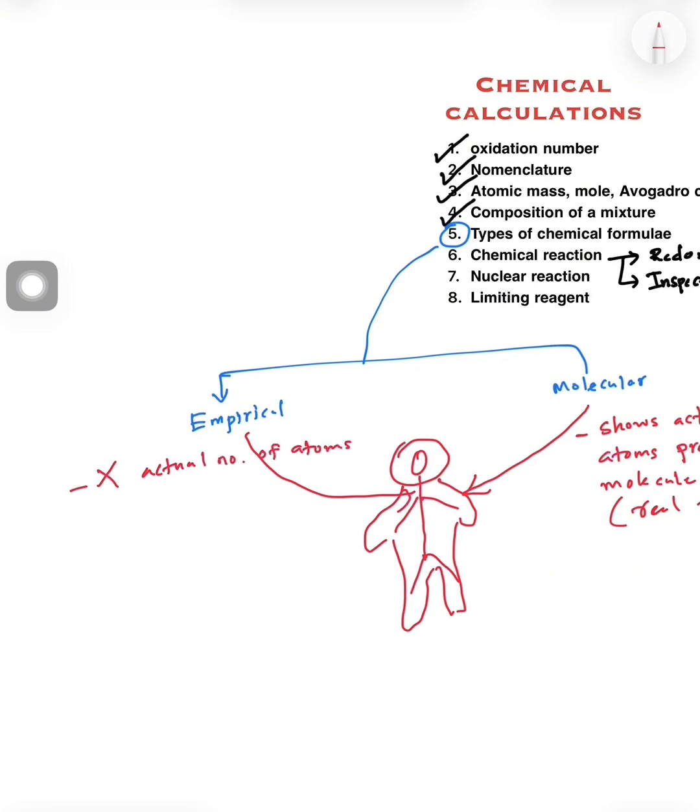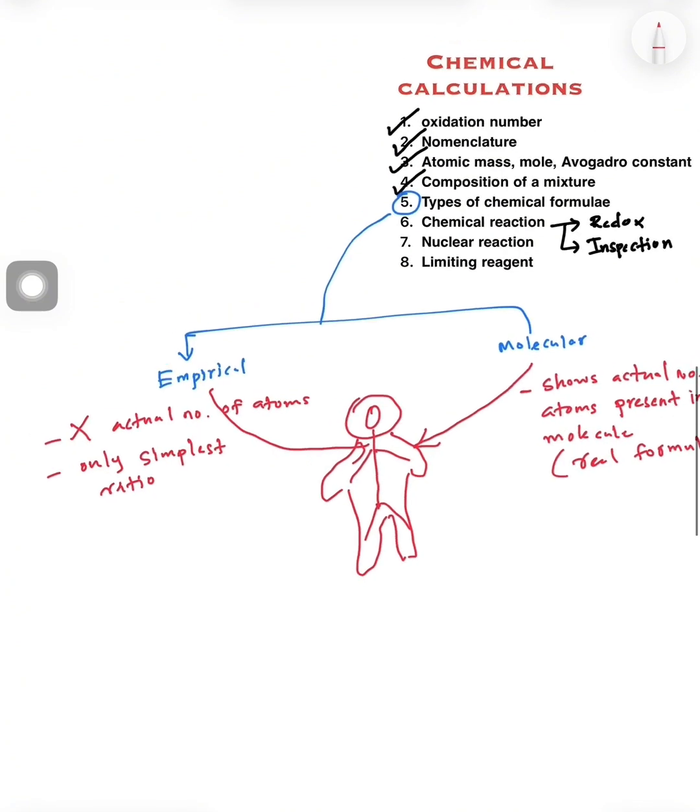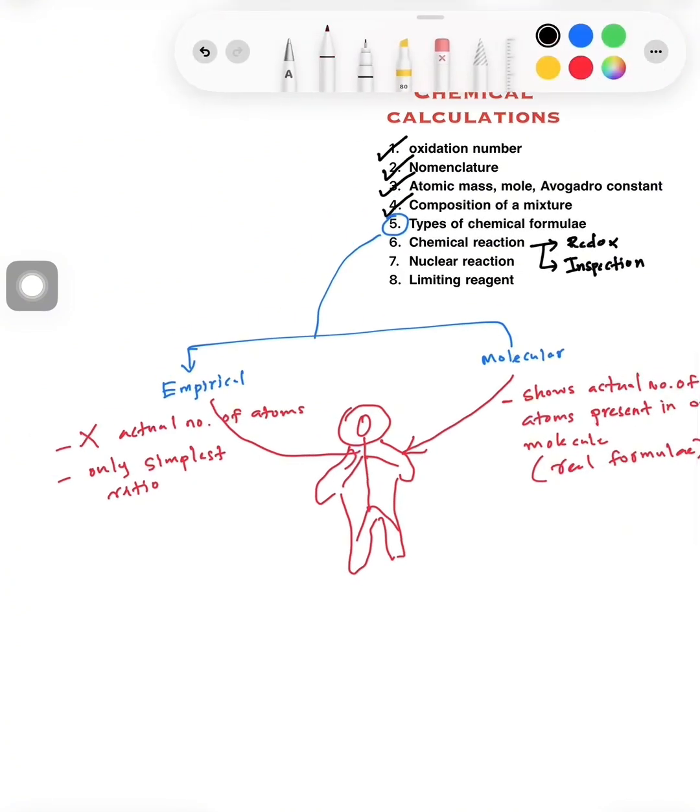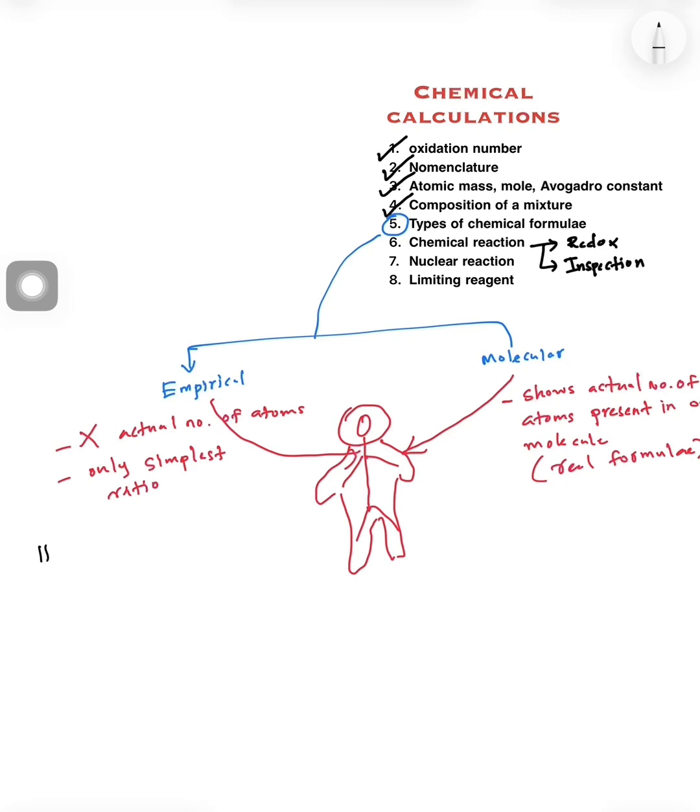but instead it is only showing the simplest ratio. For example, if I take H2O2 and C2H6, the empirical formula for H2O2 is HO, and for C2H6 it is CH3.